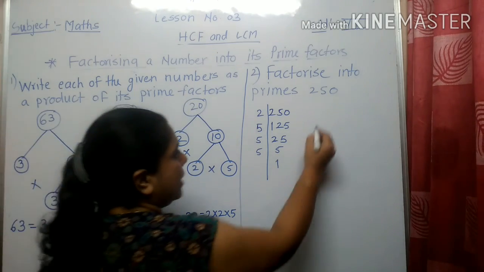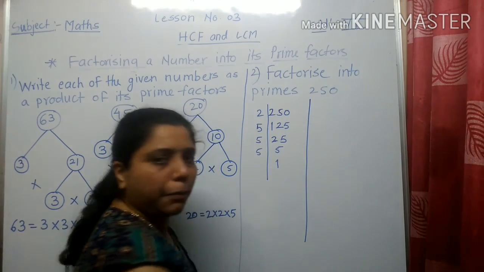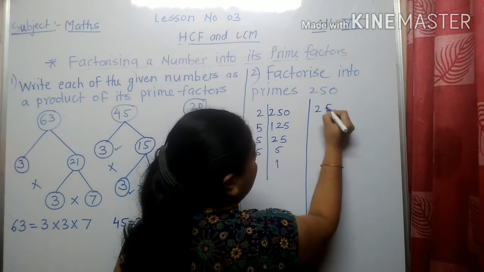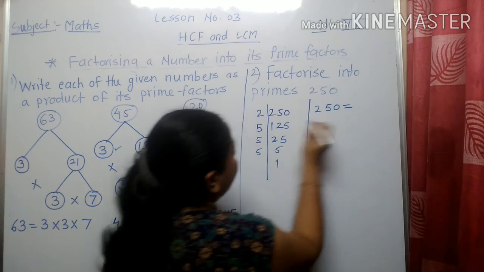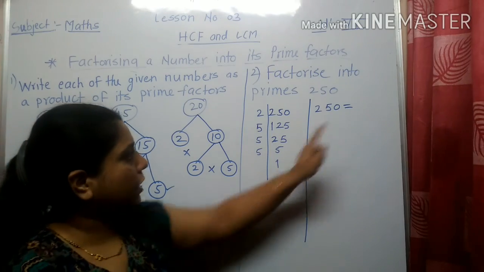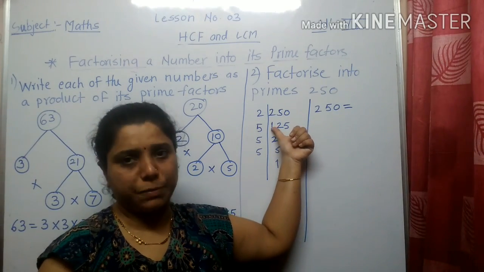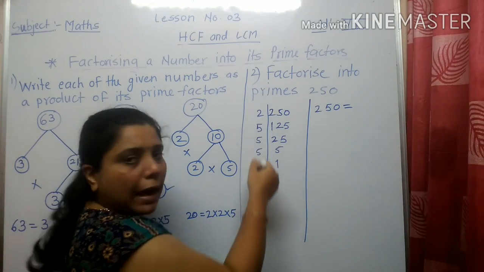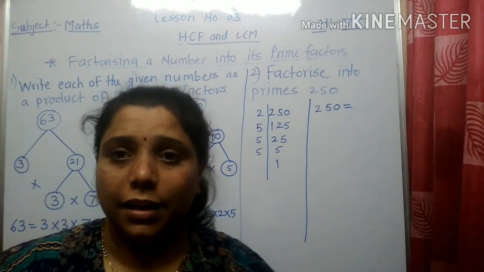Now how to write it with the help of the horizontal arrangement? Same one. See here, how to write 250? I am explaining the horizontal method with the help of the vertical arrangement. You have arranged these prime factors vertically.